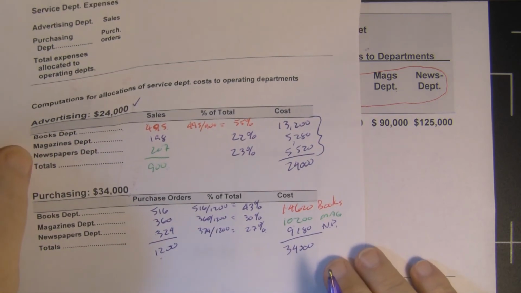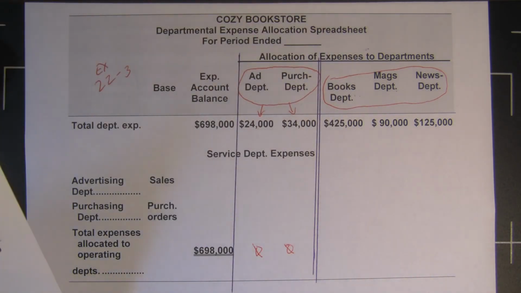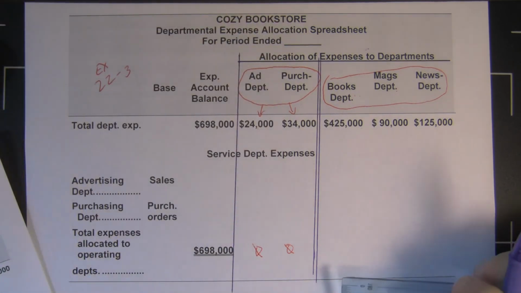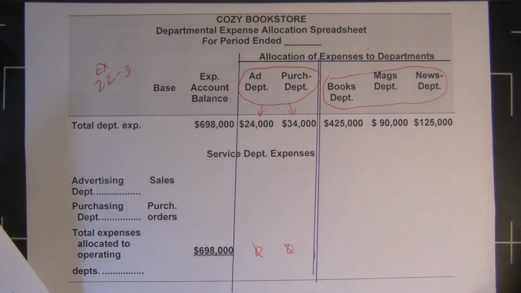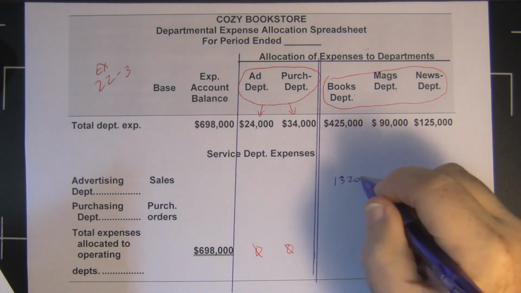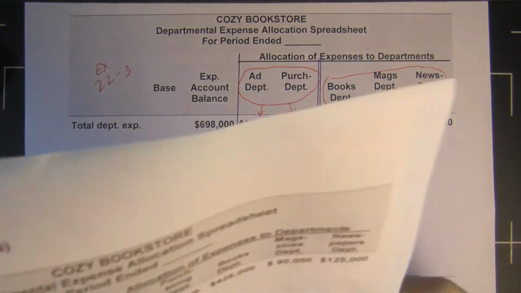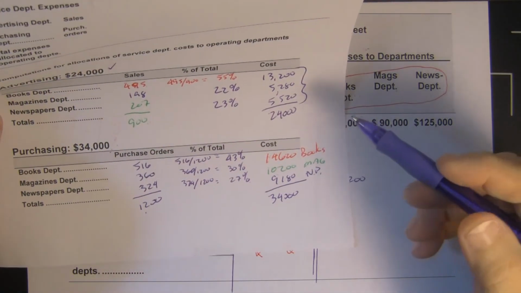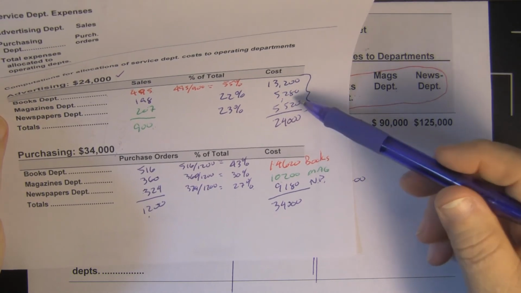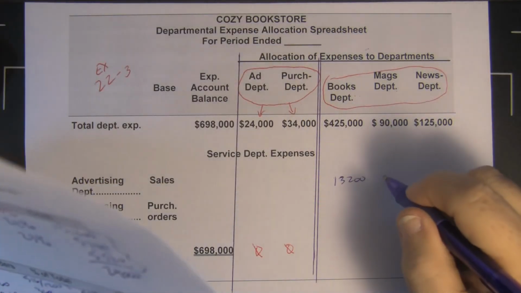So for advertising, books gets 13,200. For advertising. Magazines gets 5,280.